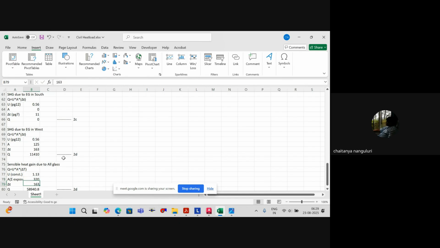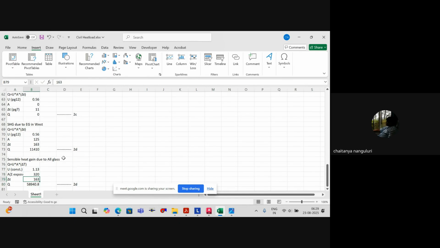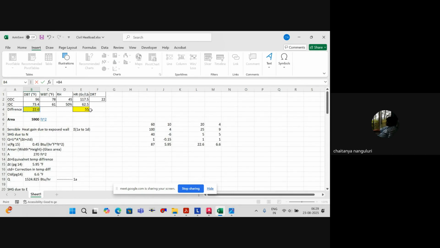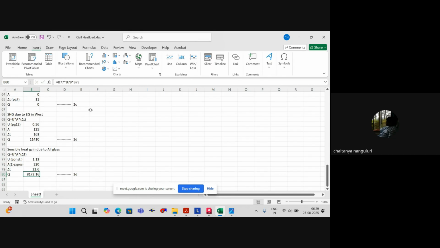And then you will get your delta T value, which is inside minus outside. We have already calculated initially the difference, yes or no? Outside minus inside yesterday. So that particular value, and then we'll get your Q factor automatically. Q is equal to UA delta T, which is 8172.6, the total value that you've got. Understood?